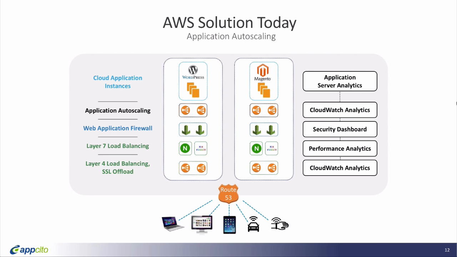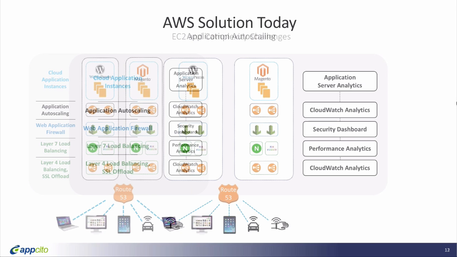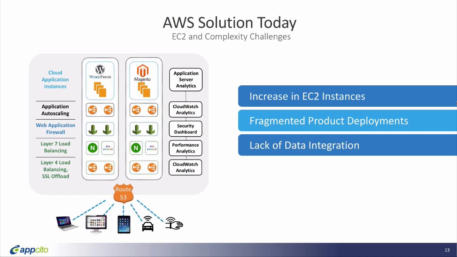So as you start to look at this, I've depicted an architecture for two applications, and you can see the multi-tier, multi-layer, multiple dashboard and analytics previews that are in place. That causes a challenge of how many instances you actually have to have in place as you start to address the increase in traffic and the increase in users.